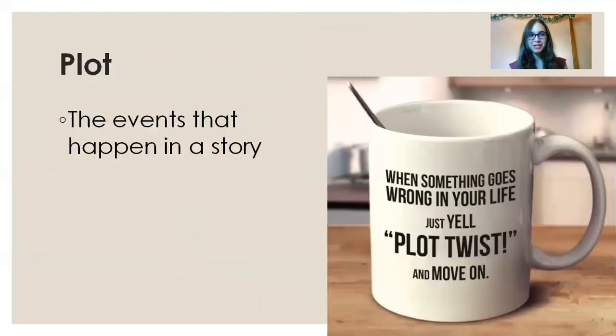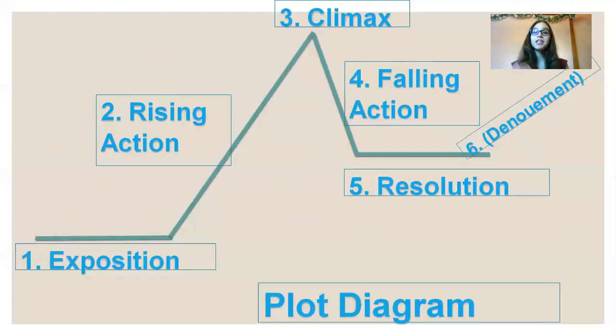One other thing that I want to mention before I forget, if you look at this plot diagram, some people draw this a little bit differently. Sometimes the rising action and falling action slopes are the same length. I don't like to do that because in most stories, your rising action takes a lot longer than your falling action. After the climax, we tend to want things to wrap up a bit more quickly.